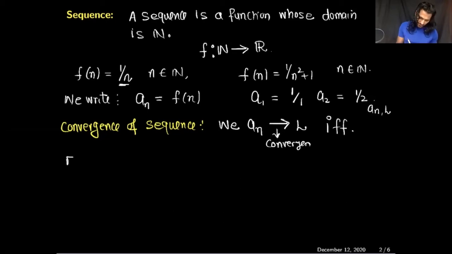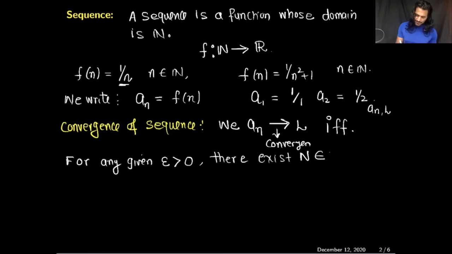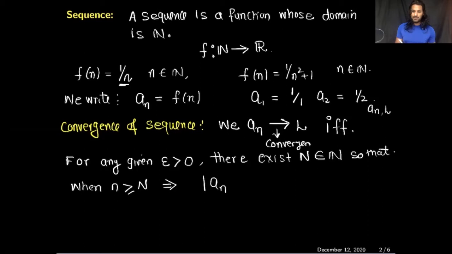The statement is: for any given epsilon, where epsilon is a real number and strictly positive, there exists, or we can always find, a capital N, which is a natural number, so that when n is bigger than or equal to that capital N, the distance between the nth term of the sequence, or the general term, and the number L, which is the limit, is less than that epsilon.